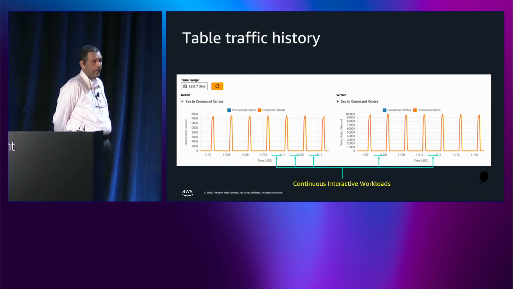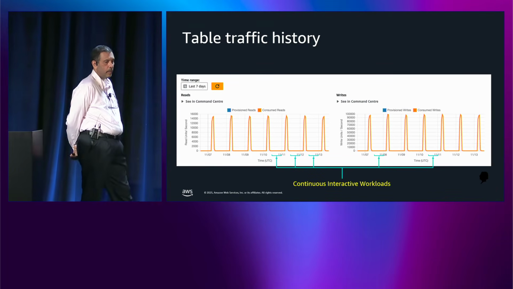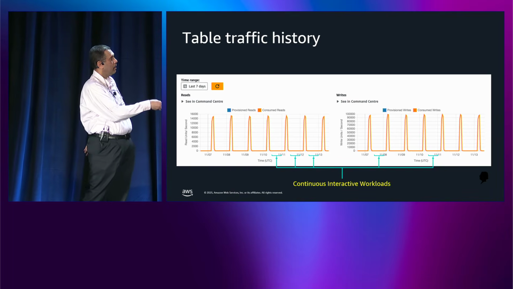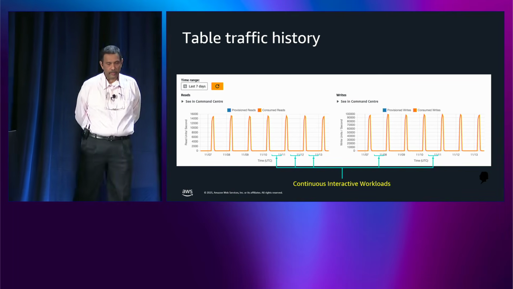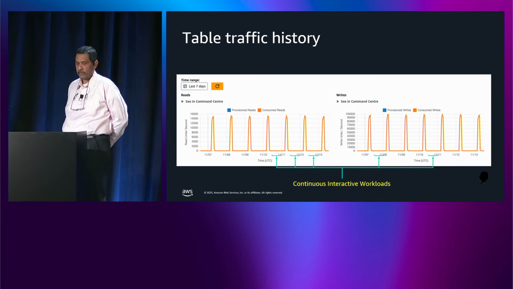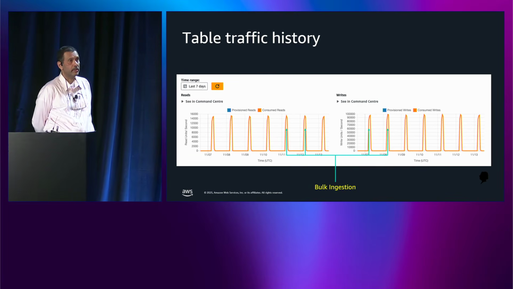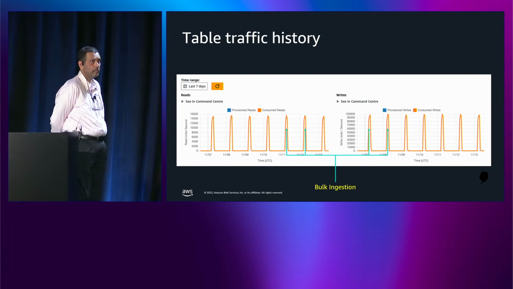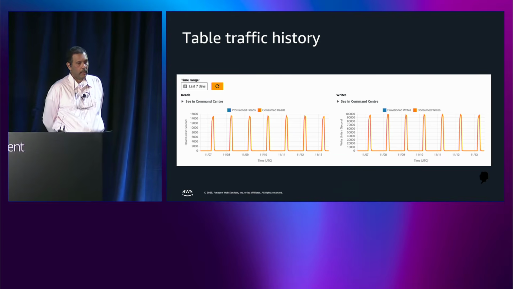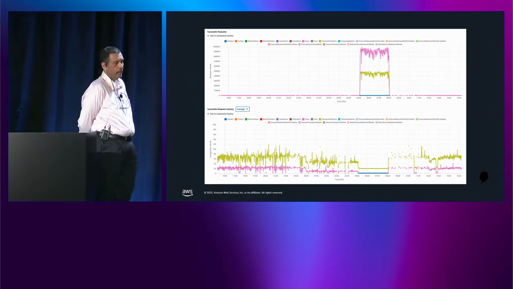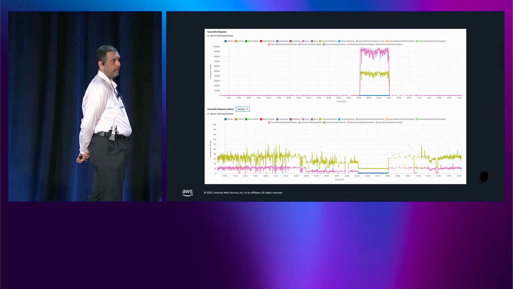And their issue was this. This is the continuous interactive workload, which is the low traffic period. And then these are the spikes, which is the batch part of their workload. Now, this is the peculiar thing about this application.